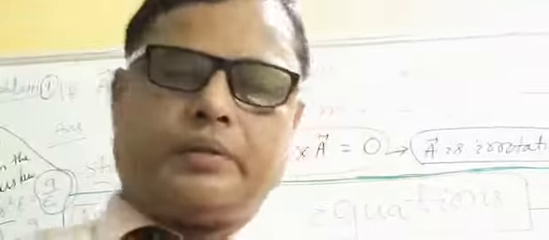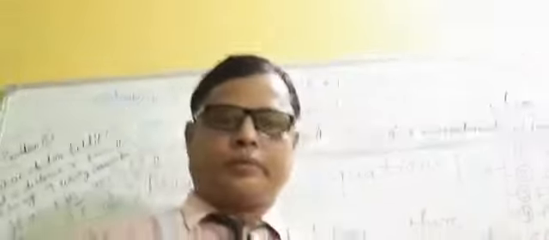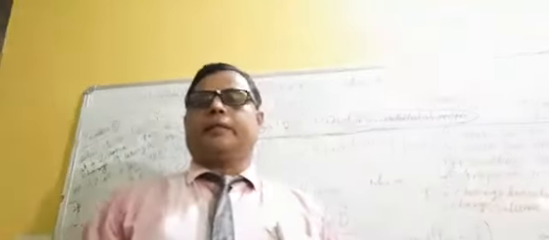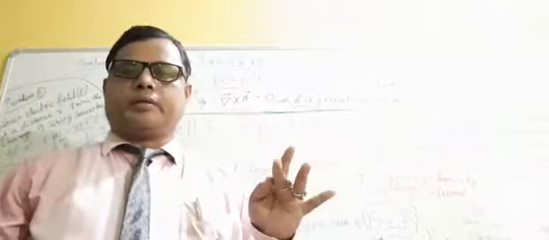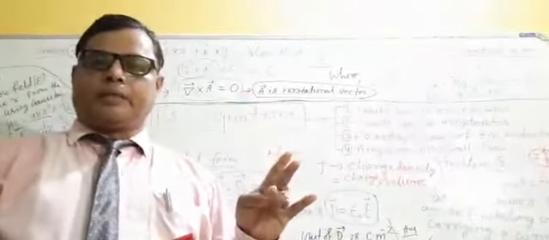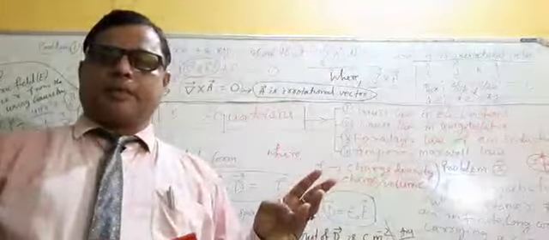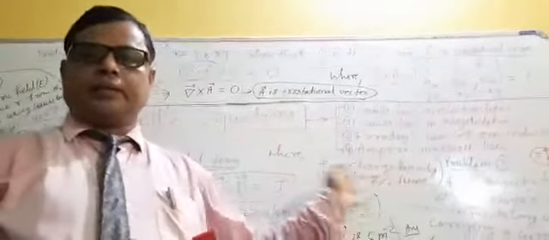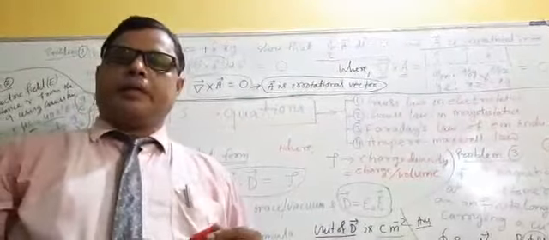Okay. So two problems: one is Ampere's law, another is displacement current. It is all about Maxwell's equations. Four equations are there: Gauss law of electricity, Gauss law in magnetostatics, Faraday's law of induction, and Maxwell Ampere law, and the related problems we have discussed.